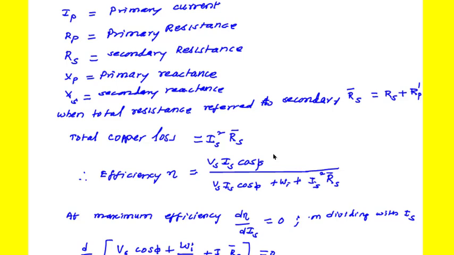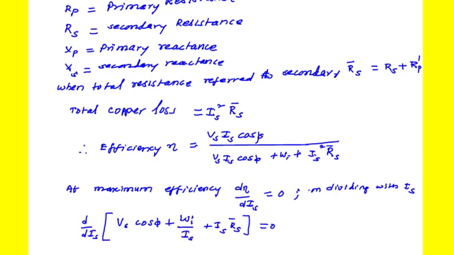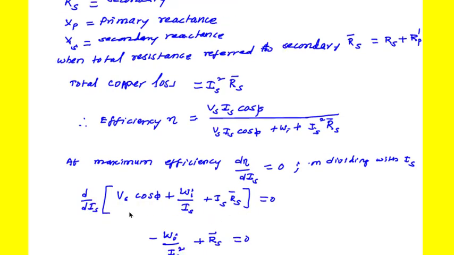So on dividing both numerator and denominator with IS, we get like this: d by dIS of VS cos phi plus WI by IS plus IS RS bar. So once we get this, remember this is the denominator. So then if you further differentiate it, we get like this: minus WI by IS square plus RS bar.